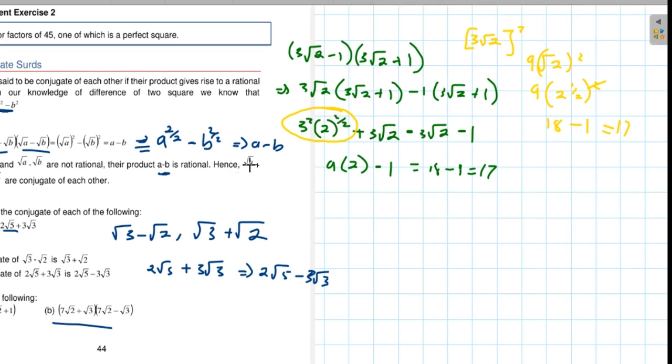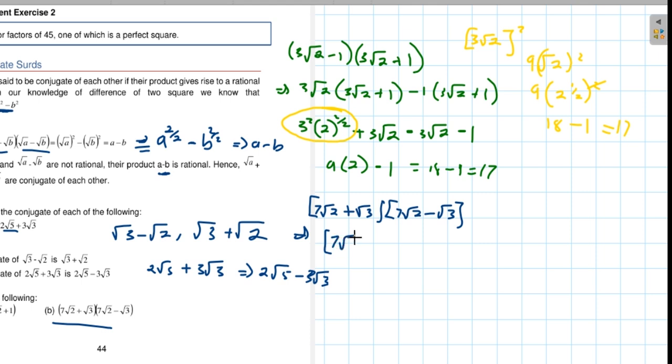So let's look at the second question, B. We are to multiply 7 root 2 plus root 3 with 7 root 2 minus root 3. So this is going to be this times this.